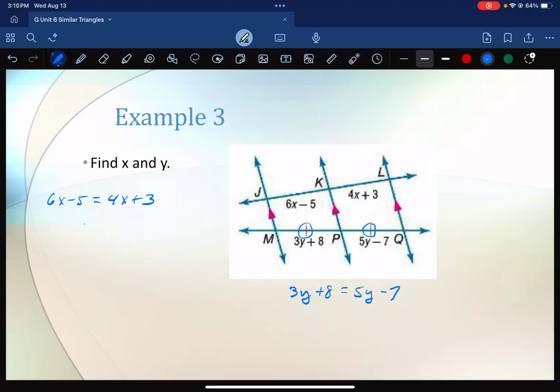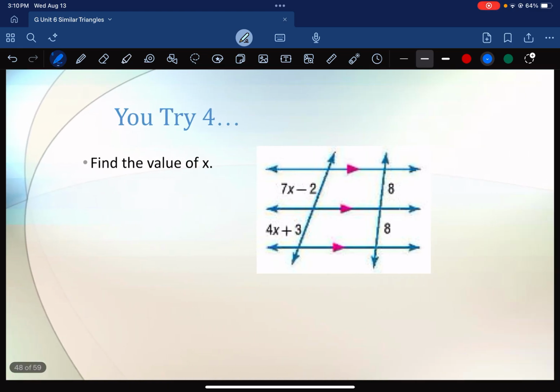So, subtract 4x and I get 2x. Add 5 and I get 8. Divide by 2 and I get 4 for x. On this one, I'm going to subtract 3y from 5y, giving me 2y, and then I'm going to add 7 to 8 and give me 15, and divide by 2, and I get 7.5 for y.